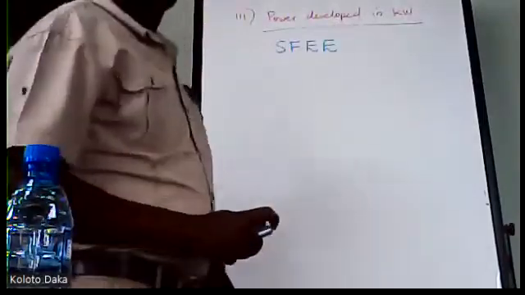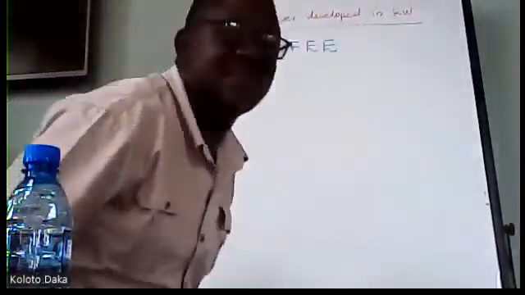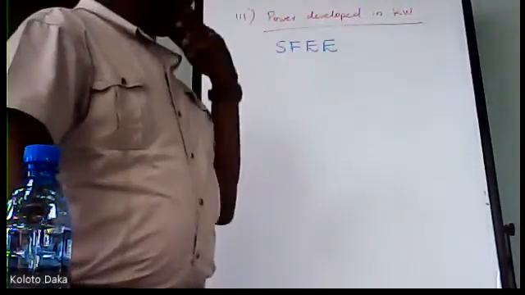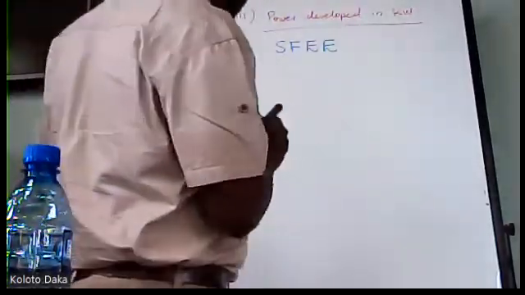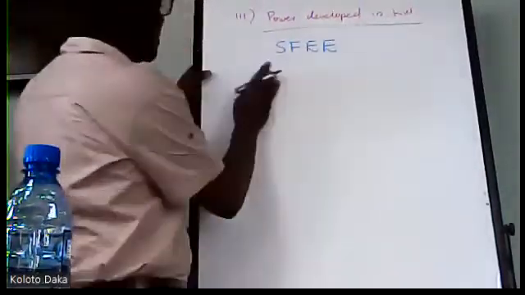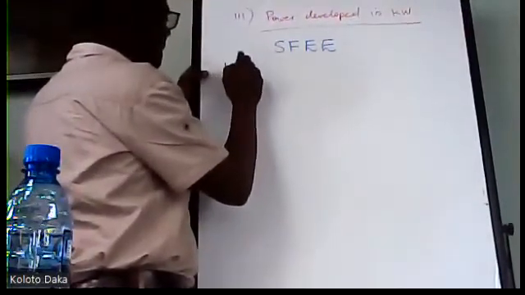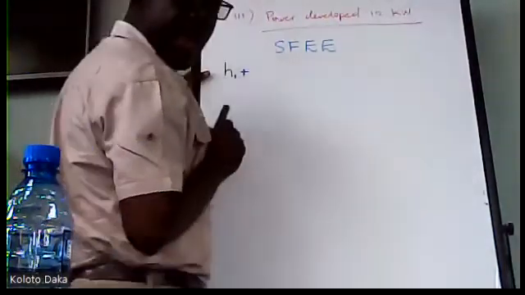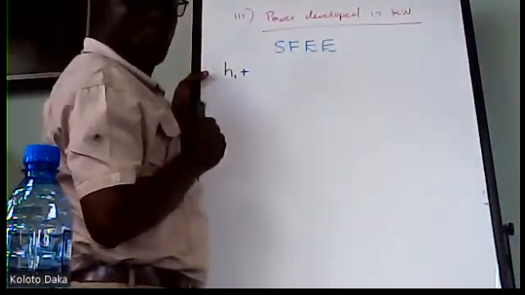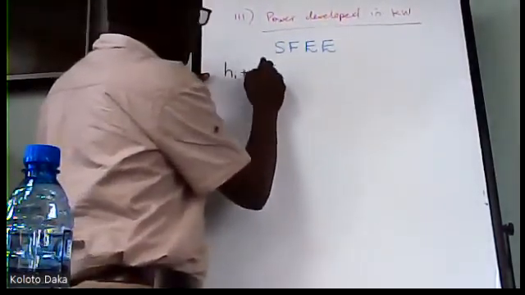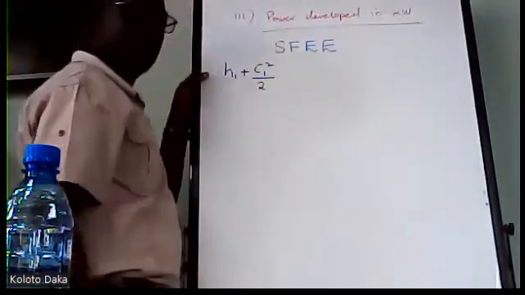Whenever the question starts with air enters, just know that that is the steady flow energy equation. The steady flow energy equation states that H1, which is the enthalpy at entry, plus energy due to velocity, C1 squared over 2.